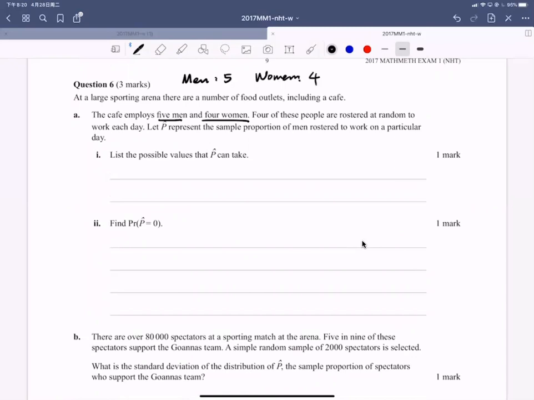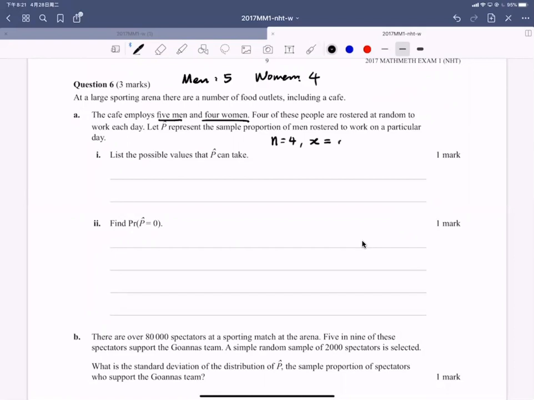4 of these people are rostered at random to work each day. Let P represent the sample proportion of men rostered to work on a particular day. So, out of these 4 people, N equals 4. Let's say X is my number of male staff who are rostered on this occasion.